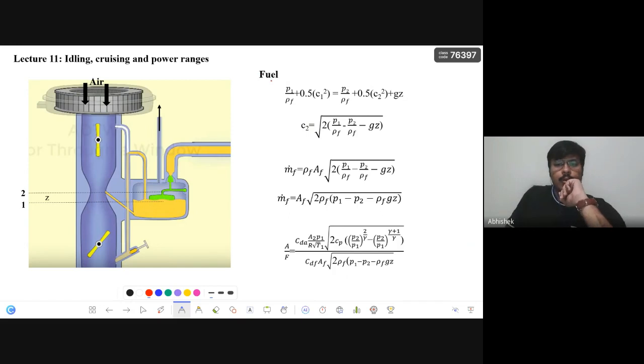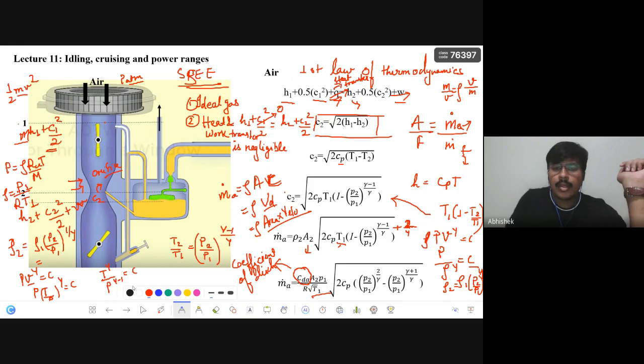Then we calculate the fuel, how to calculate the mass flow rate of the fuel. One of the main differences in assumption is that air is considered compressible, because air is a gas. There is every possibility that the density will change with temperature when pressure is applied.